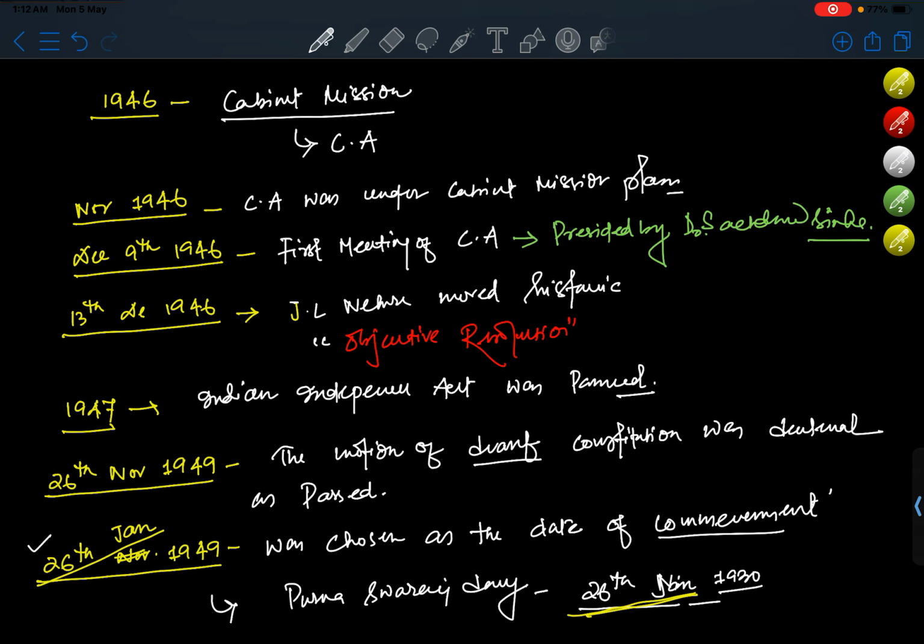So in this timeline you should know a few important dates. Not all dates are important. The first fact you should know is that Jawaharlal Nehru moved the historic Objective Resolution. In the exam they may ask who moved the Objective Resolution. The answer will be Jawaharlal Nehru.